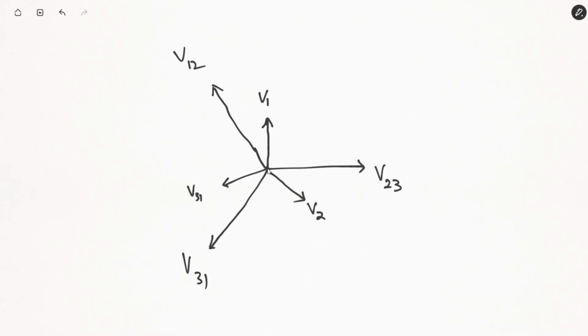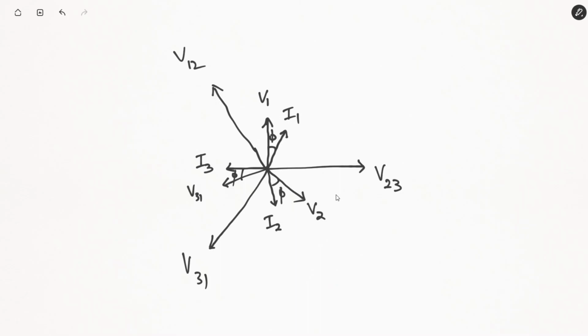Then you have the line currents I1, I2 and I3. So I1 and V1 will have a certain phase difference. That's what we want to measure. So I took V23 as a reference. V12 will be 120 degrees from V23, V31 will be 120 degrees from V23.